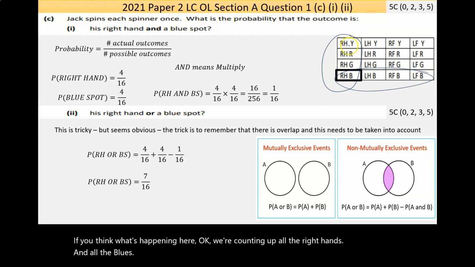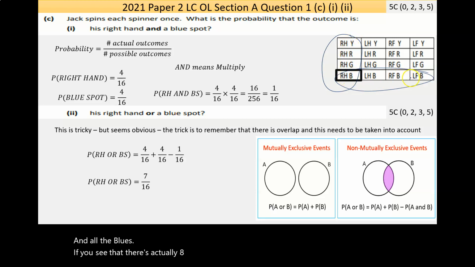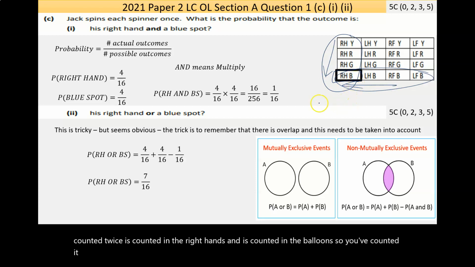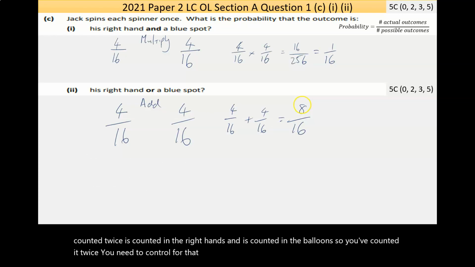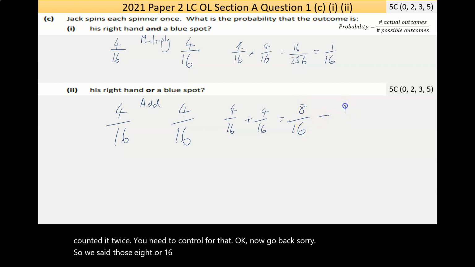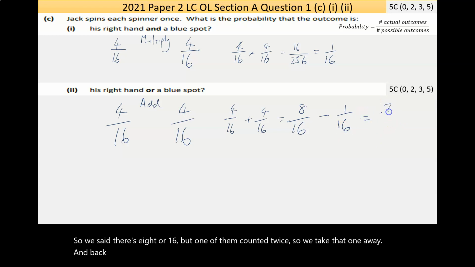If you see that, there's actually 8 outcomes there. But this outcome is counted twice. It's counted in the right hands and it's counted in the blues. So you've counted it twice. You need to control for that. Now go back. Sorry. So we said there was 8 out of 16, but one of them's counted twice. So we take that one away. And that calculation then becomes 7 over 16.